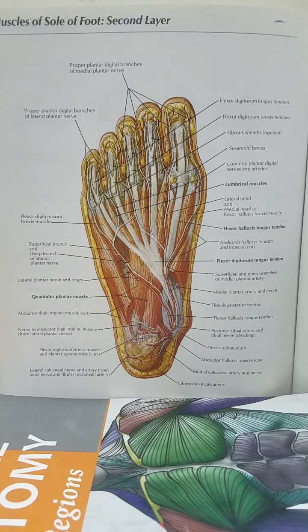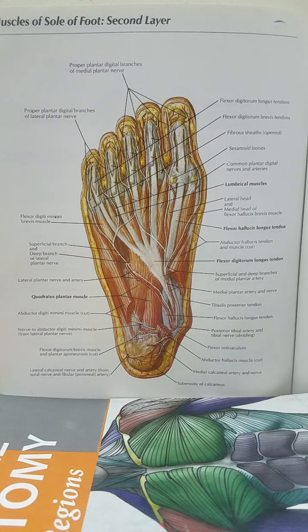Now the Flexor Hallucis Longus muscle is supplied by the tibial nerve, and its main action is that it brings about flexion at all the joints of the big toe. Since it is attached to the distal phalanx, it will bring about flexion at all the joints of the big toe.